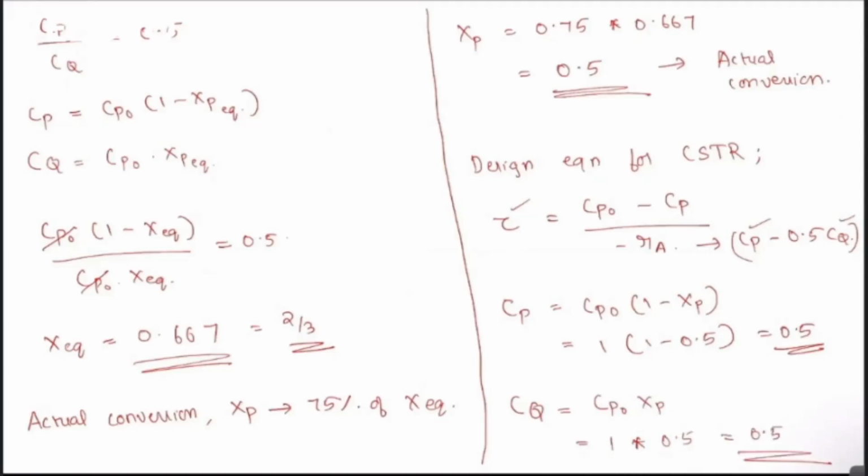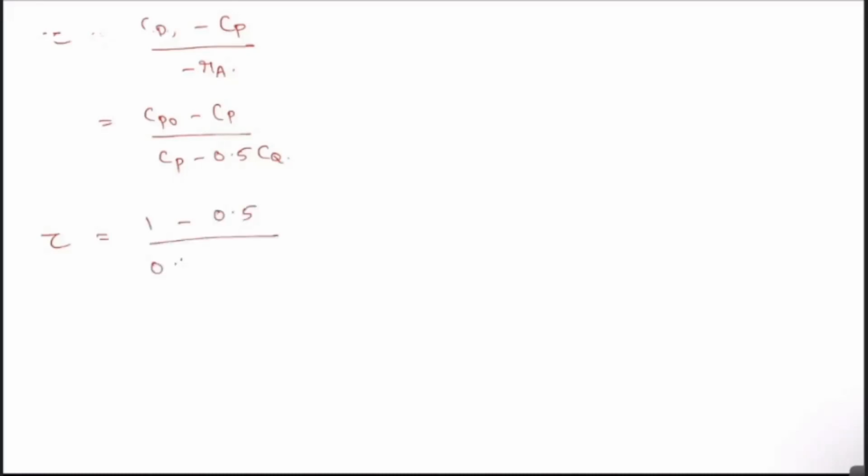Now substitute all these values in the design equation for the CSTR, and we can find tau as Cp0 minus Cp by minus Ra, which is Cp0 minus Cp by Cp minus 0.5 Cq. And now substituting everything, tau is equal to 1 minus 0.5 by 0.5 minus 0.5 into 0.5.